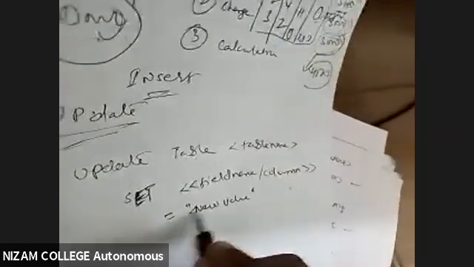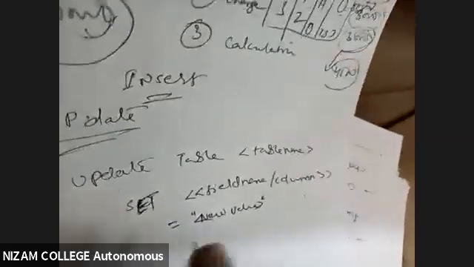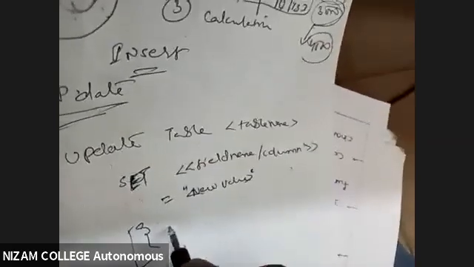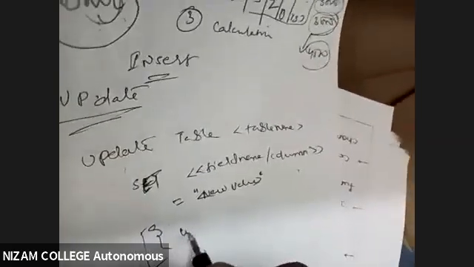Update table name, set field name or column name, equal to a new value. So the old value is going to change to a new value. And we have something optional, called the where condition.